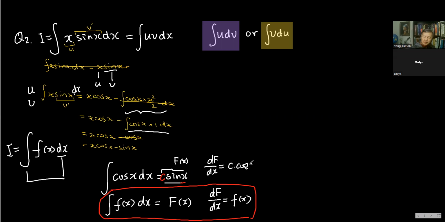Can you see? Which must equal to this one, which must equal to cosine x. You agree? Yeah. So therefore, what is the conclusion? What is the c? If these two must be identical, what is the c? They must be one. Yeah, positive one. So that is how we use this.